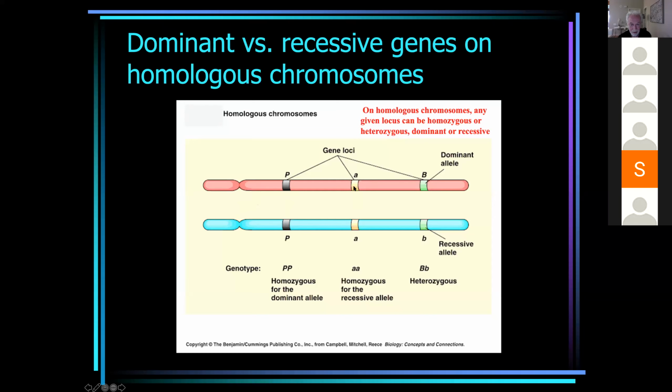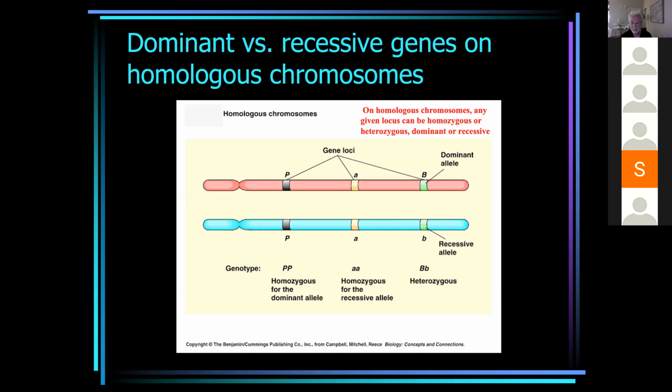Both alleles are little a. Whereas at the B locus, the alleles are heterozygous. One is big B, a dominant allele. The other is little b, a recessive allele. So this hopefully clarifies what loci are, what alleles are, and what it means to be homologous chromosomes.